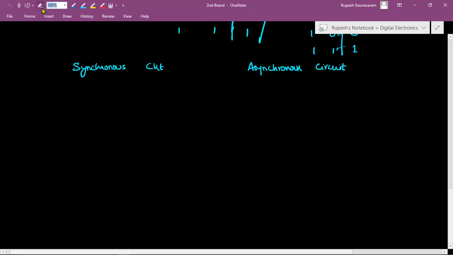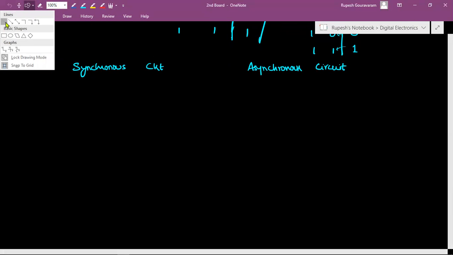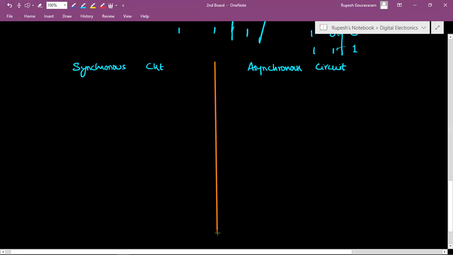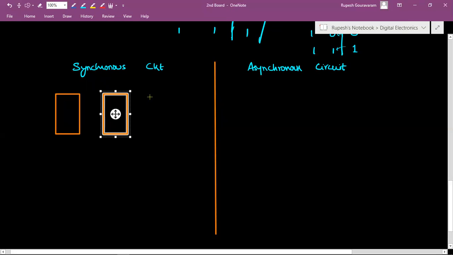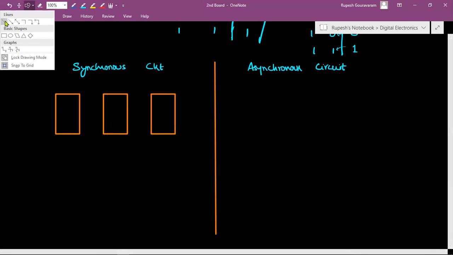If you see the synchronous circuit, let us take a few flip-flops like this, and let us connect the clock like this.